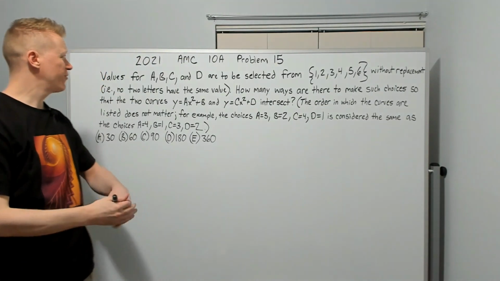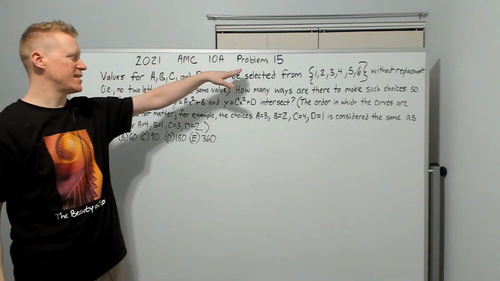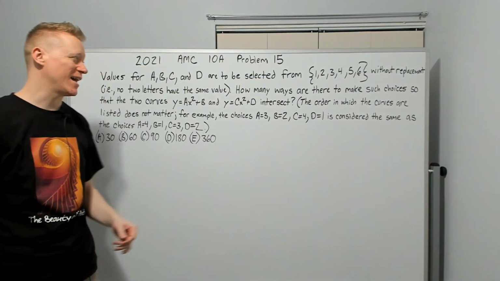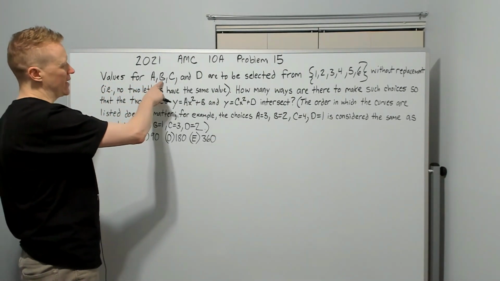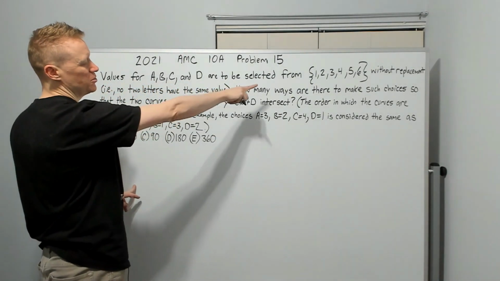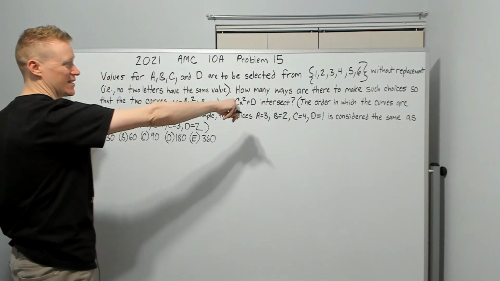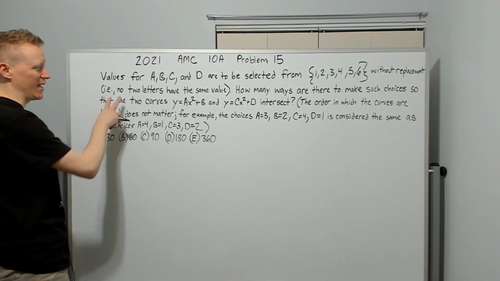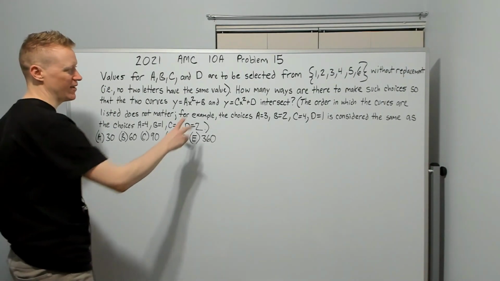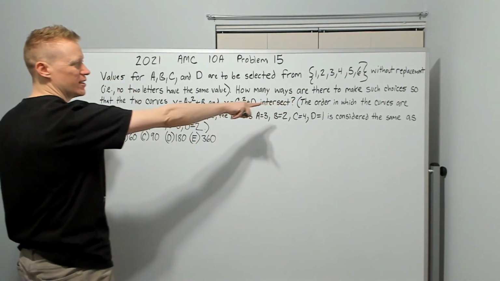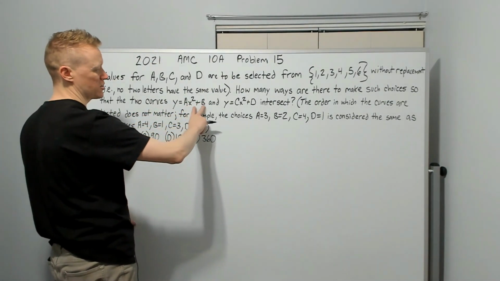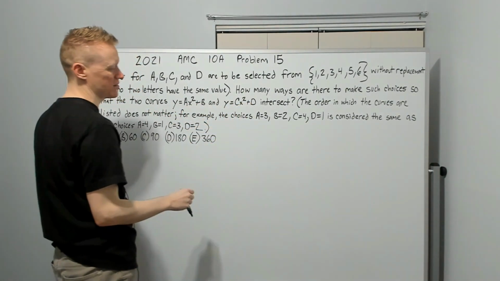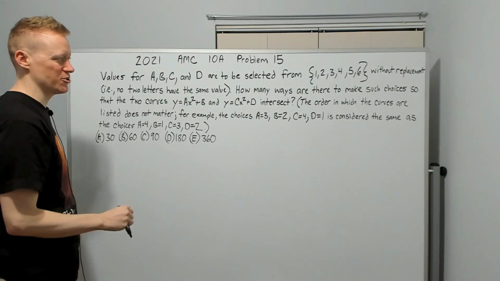All right, and now for the 2021 AMC 10A problem 15, the last one of this rapid fire set. Values for A, B, C, and D are to be selected from that set without replacement, i.e. no letters have the same value. How many ways are there to make such choices so that the two curves ax squared plus b and cx squared plus d intersect?